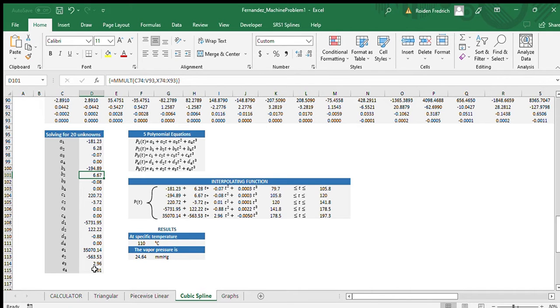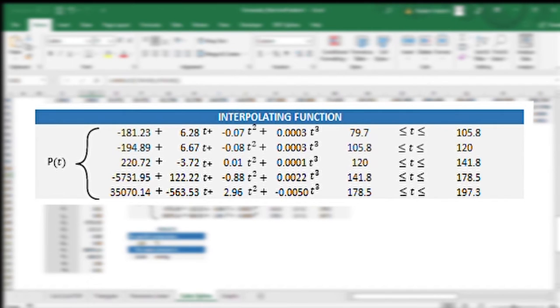Again, the required interpolant is a piecewise cubic function defined by separate cubic polynomials in each of the 5 intervals. Substituting the solution to the 5 polynomial equations, we'll have our interpolating function using piecewise cubic spline interpolation.